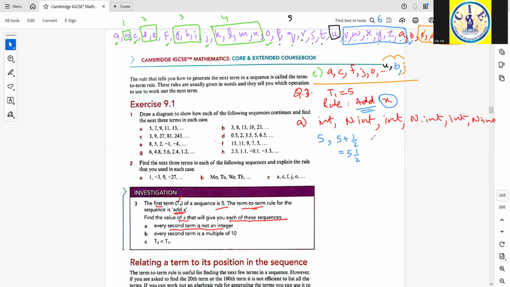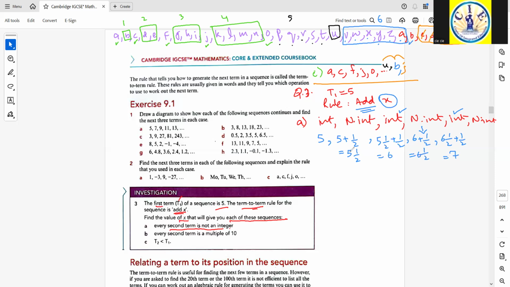But again, if we add another half to this 5.5, we'll get 6, which is an integer. Then adding this half to 6, we'll get 6.5, which is not an integer. And then again, adding half to this 6.5, we'll get 7, which is an integer, and so on.